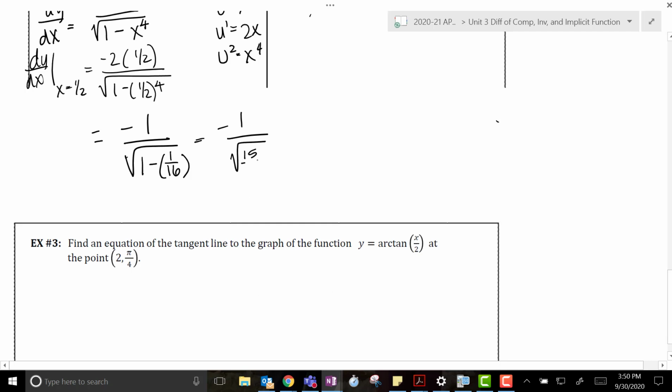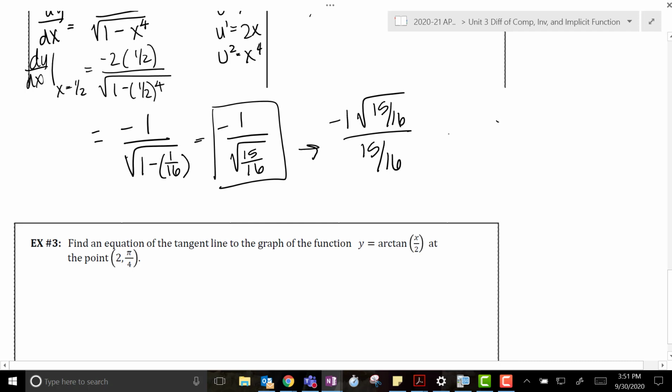I'm just going to call that 15/16. This doesn't really simplify any further. We could rationalize the denominator, but it's not going to do much for us. Rationalizing would give us 16 square roots of 15/16 over 15, so it doesn't do much.